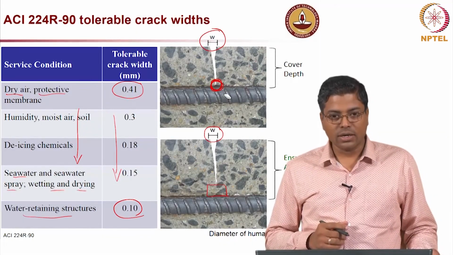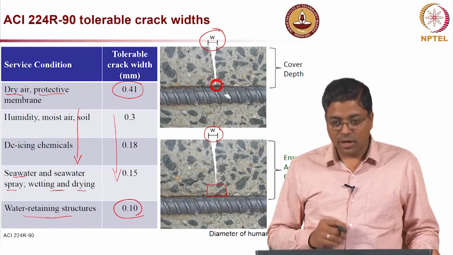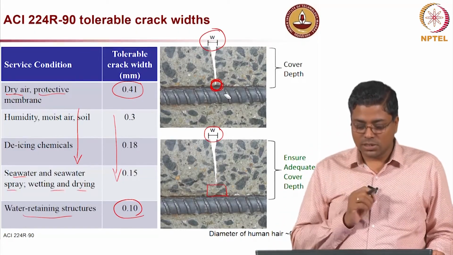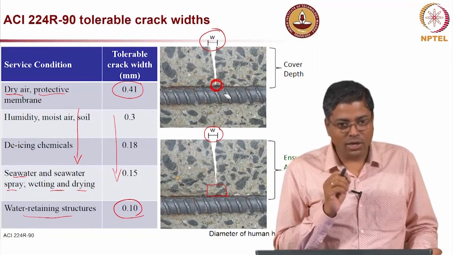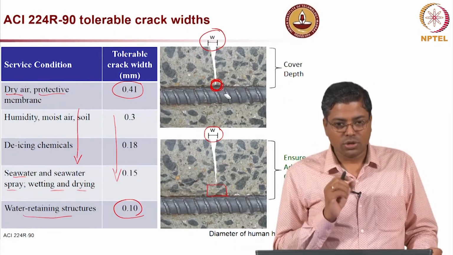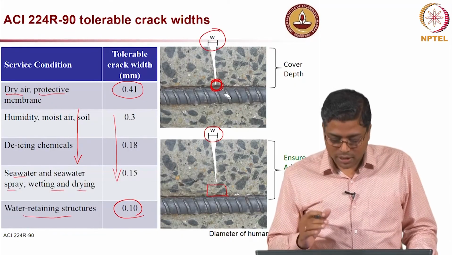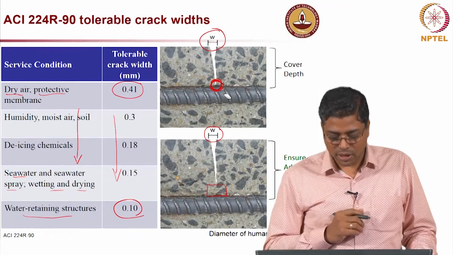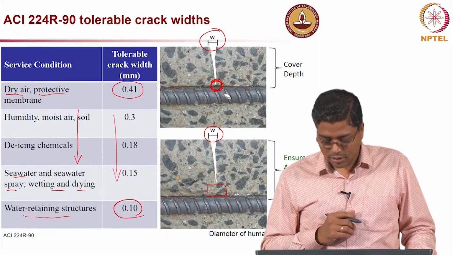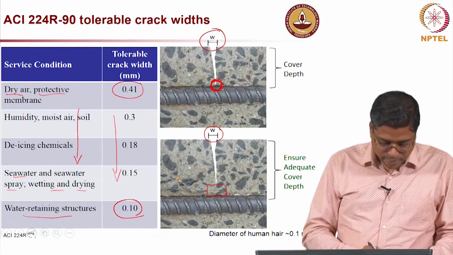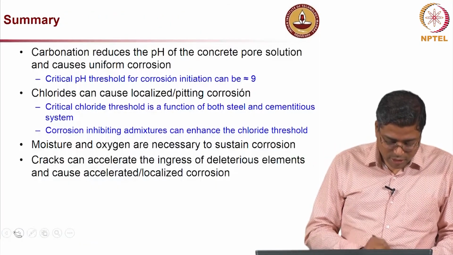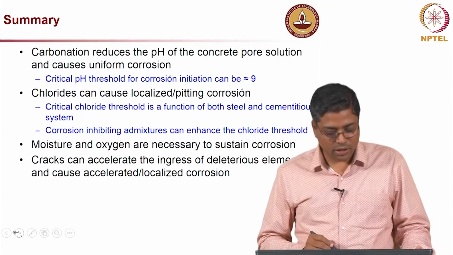Good quality chairs can be provided, but when I mention chair, the quality of the chair block should not be inferior to the quality of the concrete. So, it is very important to note. If you have proper cover, that is the best way to ensure durability of the structures.